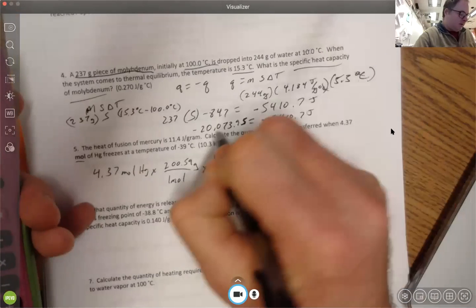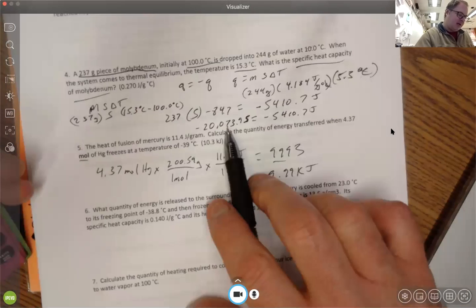So if we divide this by that, the negatives will cancel out.